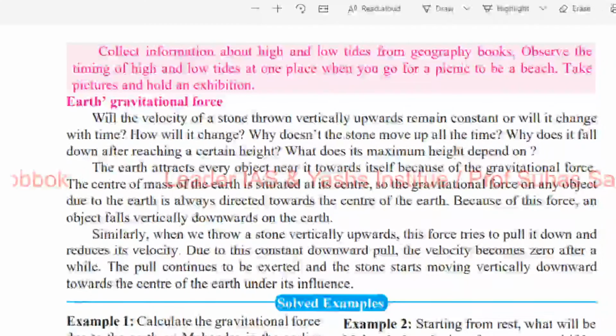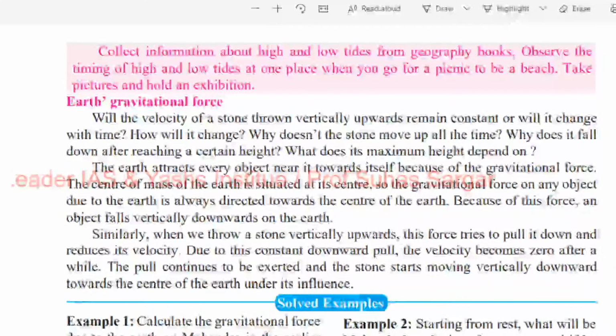The center of mass of the earth is situated at its center. So, the gravitational force on any object due to the earth is always directed towards the center of the earth. Because of this force, an object falls vertically downward on the earth.